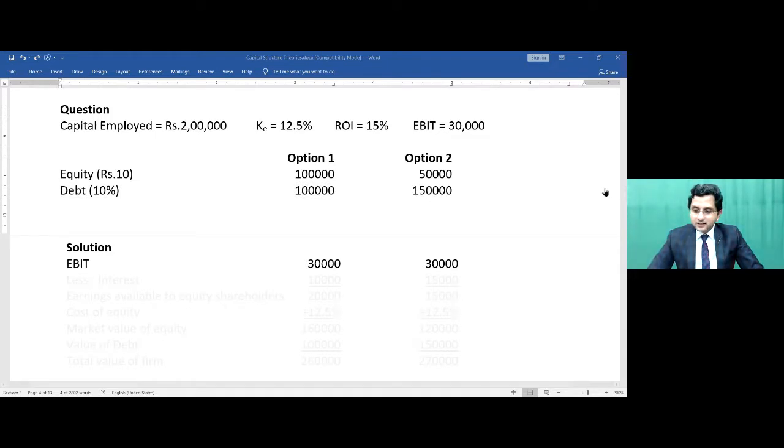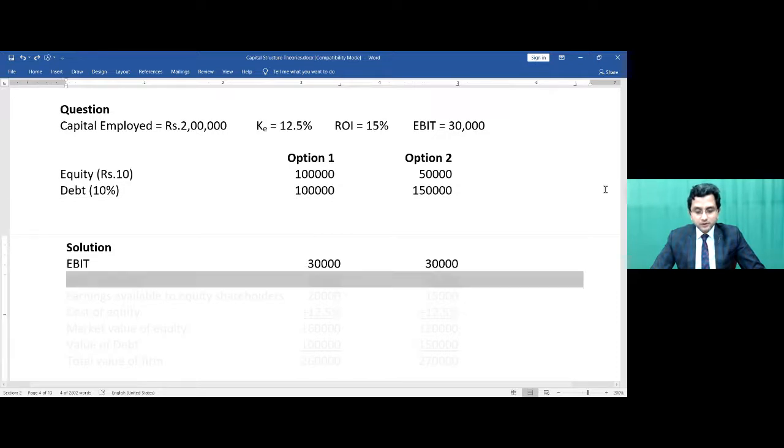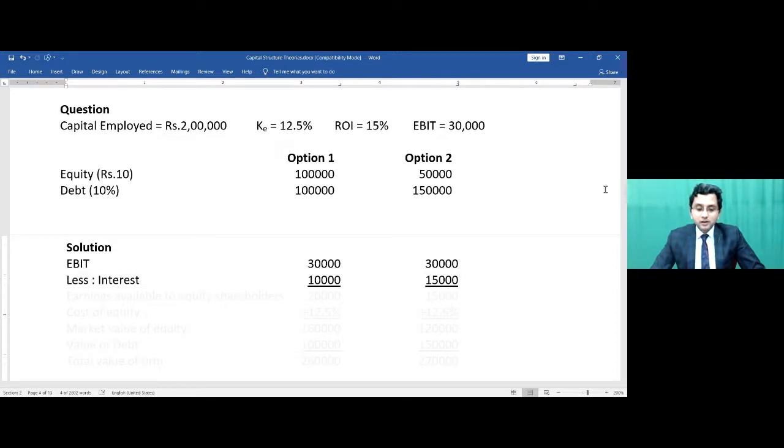In the second case, interest is 15,000 rupees. It's quite simple: 1 lakh into 10% and 1 lakh 50,000 into 10%. So 30,000 minus 10,000 interest and 30,000 minus 15,000 interest.